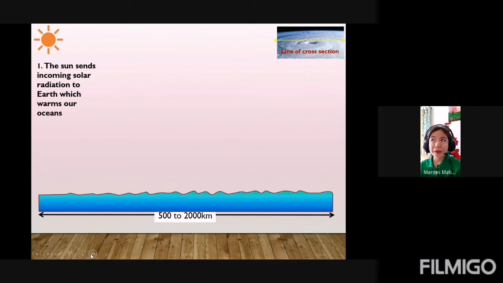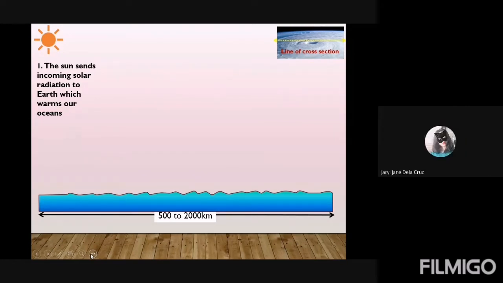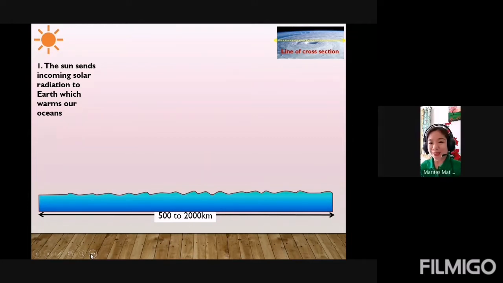Right? Pag titignan kasi natin yung Earth natin sa distance ng Sun, saan mas malapit? Sa equator or sa mga poles natin? Kung yung distance. Saan ang mas malapit? Yes, Jarel? Ma'am, equator po. Ayan. Nabubuo yung mga bagyo near the equator. Okay, so that's the first step.